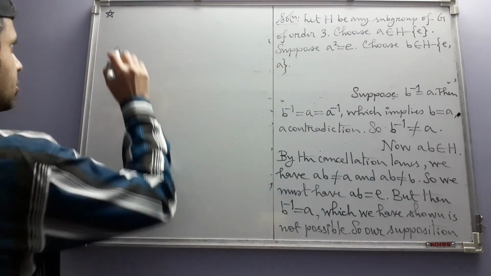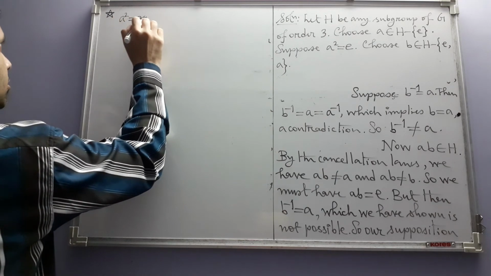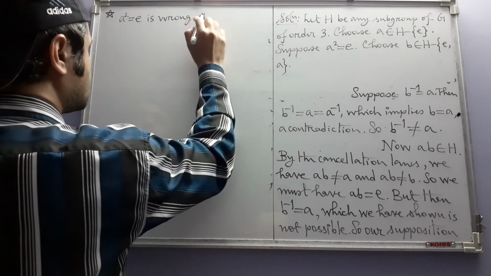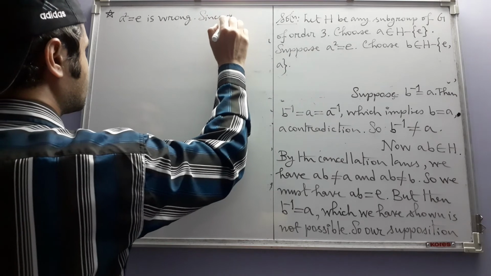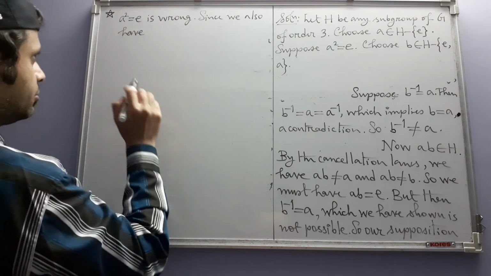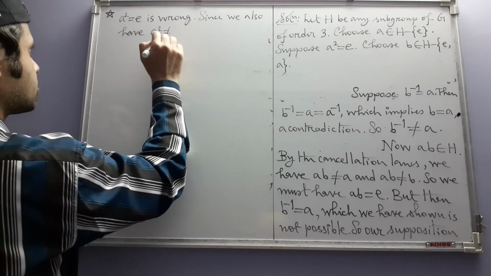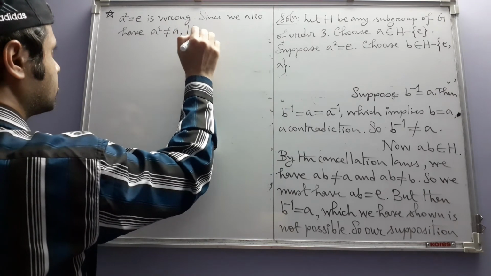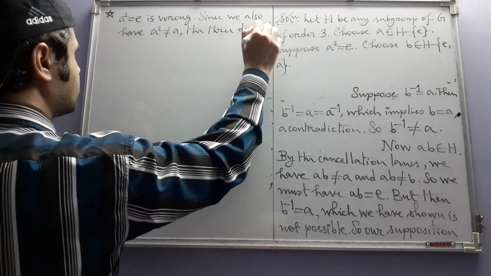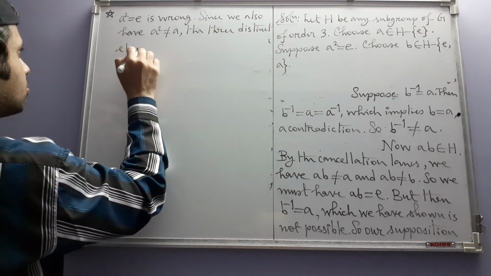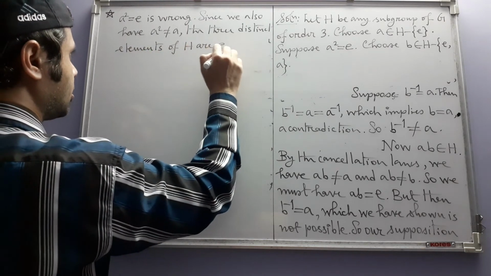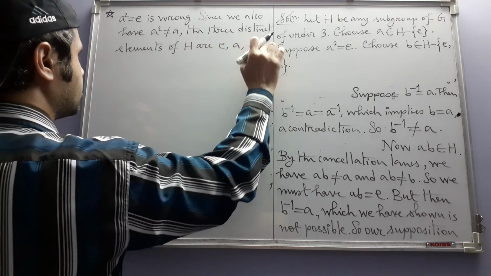So our supposition A square equal to E is wrong, that means A square is not equal to E, since we also have A square not equal to A. The three distinct elements of H are identity, A and A square.